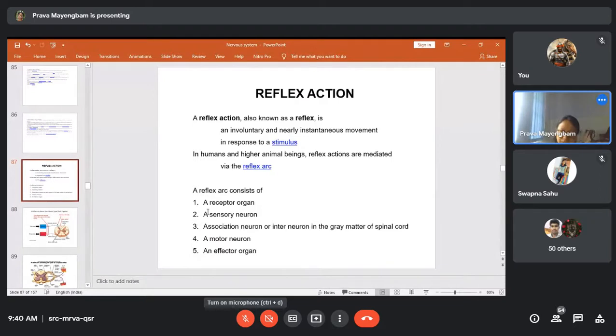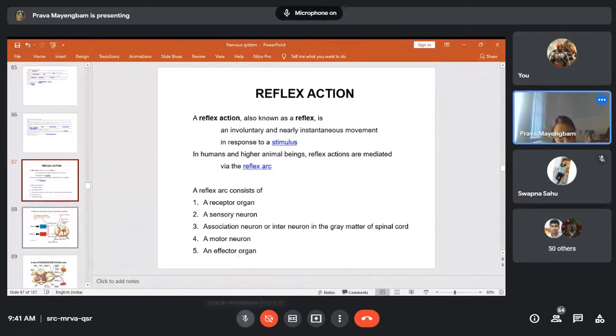If you write a sensory neuron first, then a receptor organ, then a motor neuron, and keep writing number 4 first, number 3 second, like that, then it is not going to form the arc to exhibit a reflex action, or it is not going to form a reflex arc at all. Do you get my point?